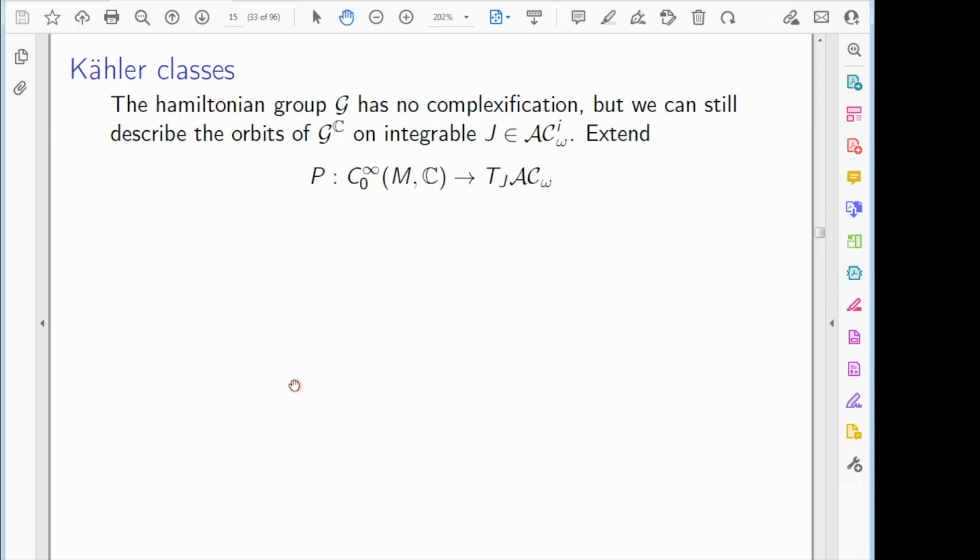I've mentioned that the Hamiltonian group doesn't have a complexification, but we can still consider the complexified orbit.